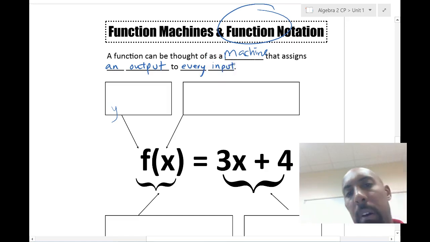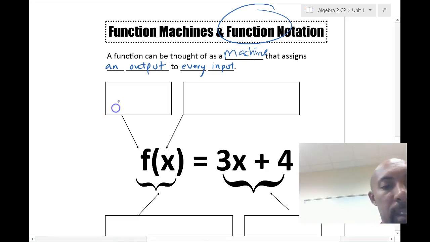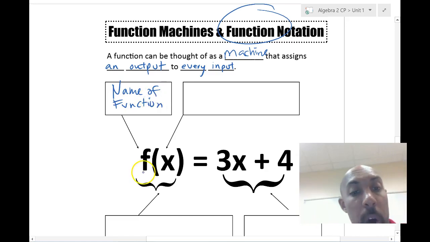So every time I punch in an input, I put in some number, it's going to assign a particular output every time. Now the f, that part is just the name of the function, because that letter could be just about anything. You can put y there if you want. You could put g, you could put t, you could put s, you could put r.